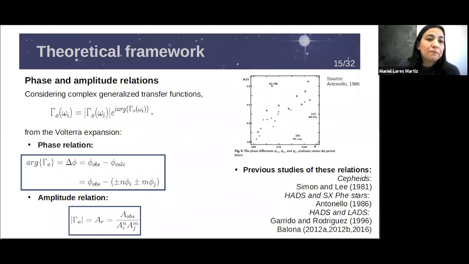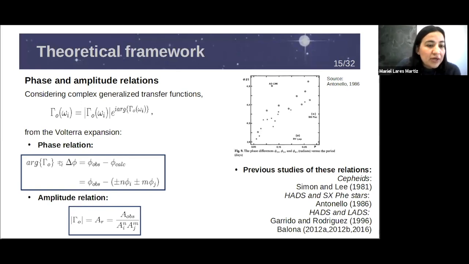Remembering our Volterra expansion, we have these complex generalized transfer functions, and from the Volterra expansion, one can derive a general phase relation for all the phases, and a general amplitude relation for all the amplitudes, derived from this general nonlinear model.